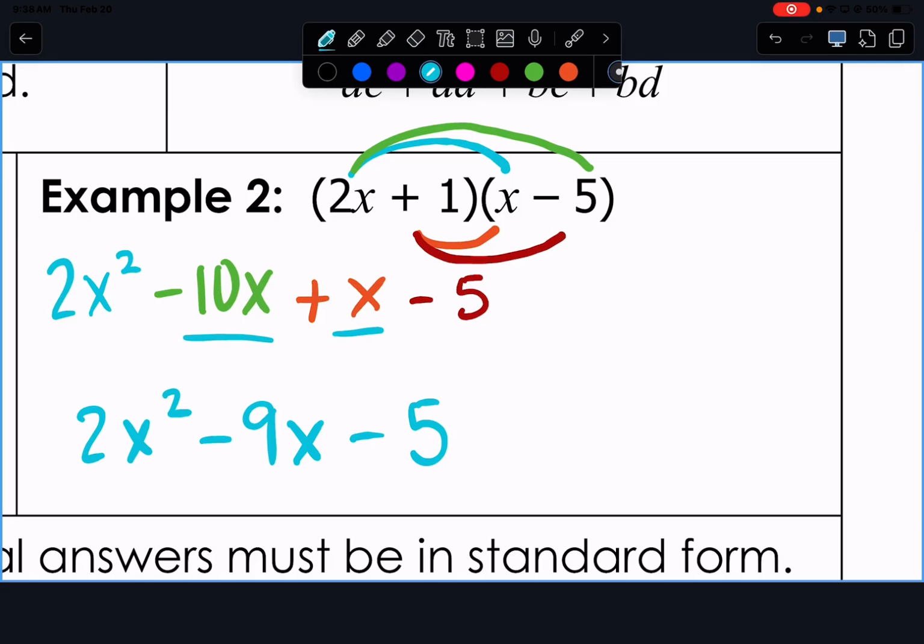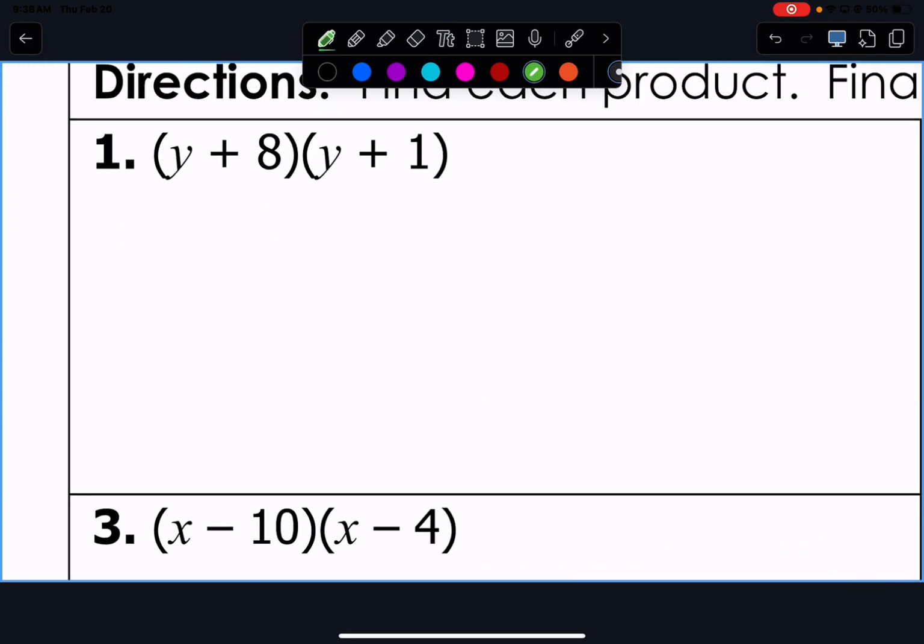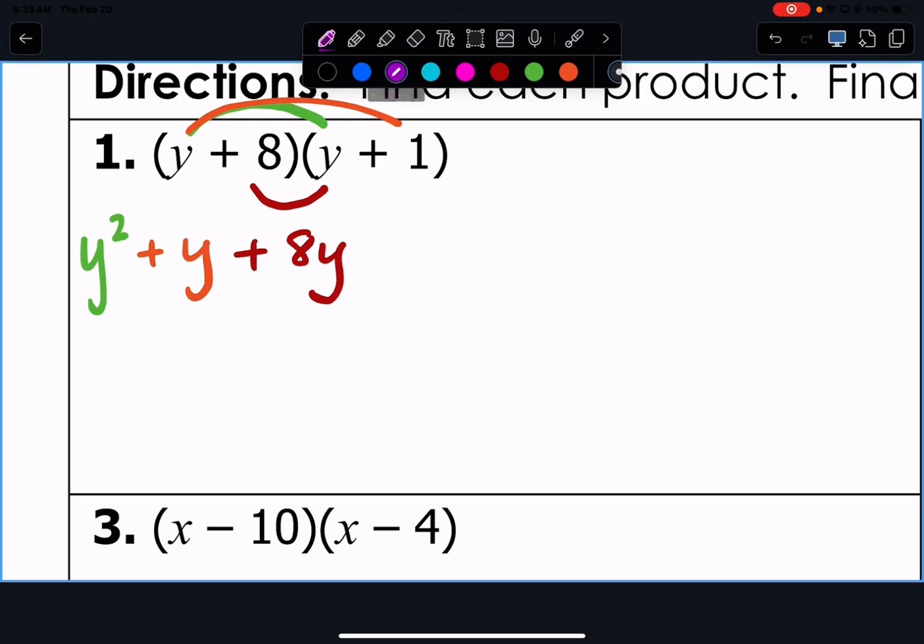All right, so we're going to look at the odd ones of these together. So number 1. y times y is, okay, then we're going to do y times 1 is, 8 times y is, yep, how'd you get that though? 8 times 1, which is 8.